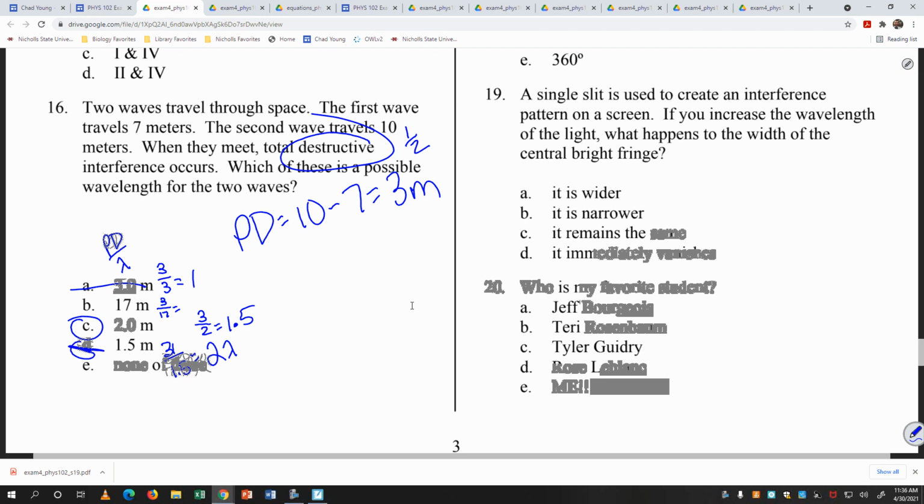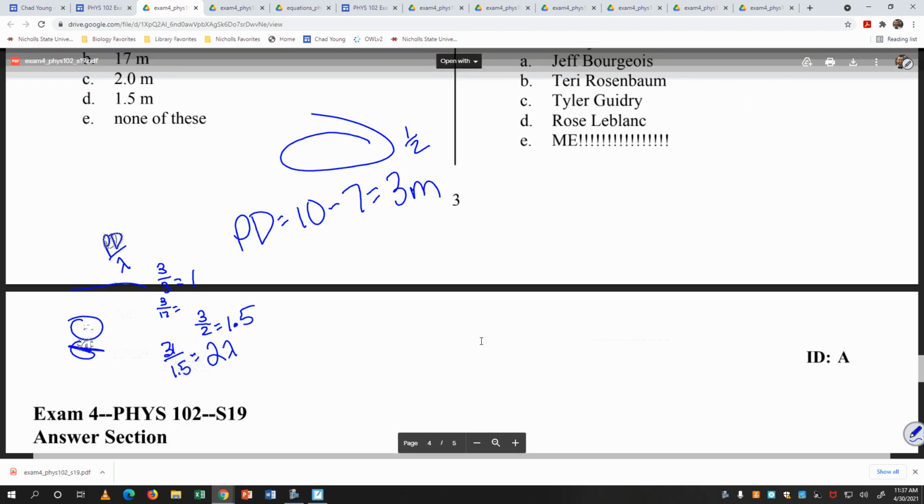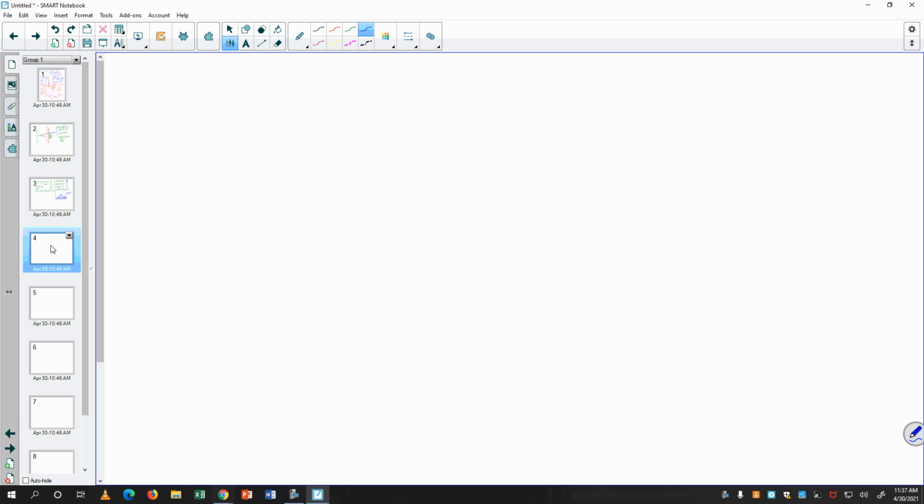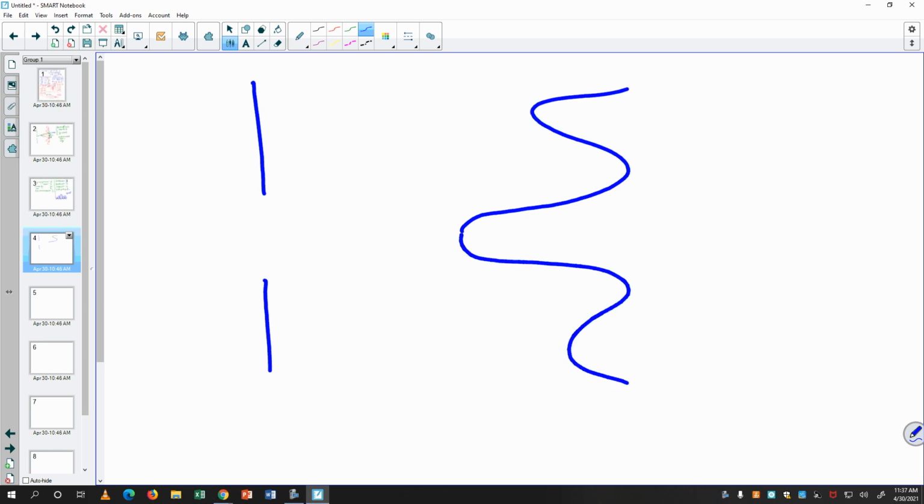Yeah, Courtney? To find the central slit width, or the width of the central maximum? Yeah. Okay, sure. So let's say I have a single slit. A single slit like that produces a diffraction pattern that looks like this.